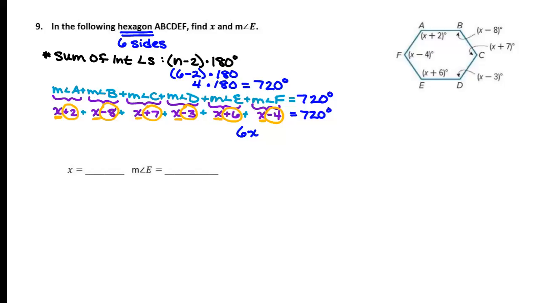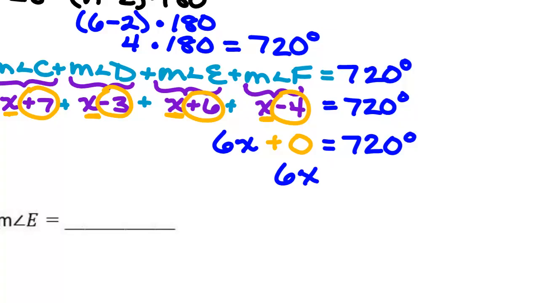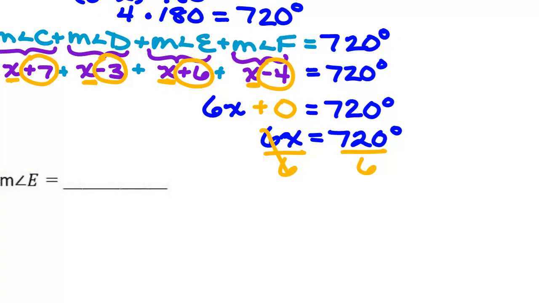What happens when you combine all those together? You get 0. So 6x plus 0 equals 720 degrees, or that would just be 6x equals 720 degrees. So then we divide both sides by 6. What is 720 divided by 6?